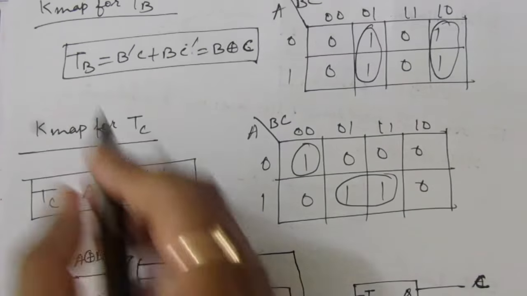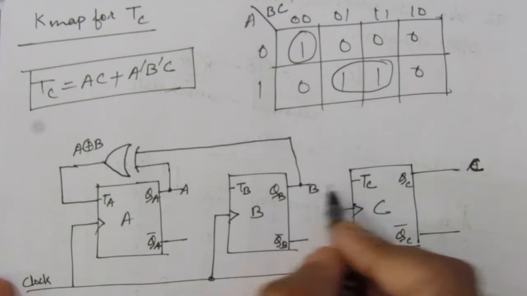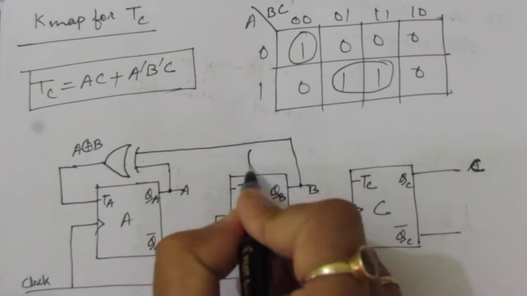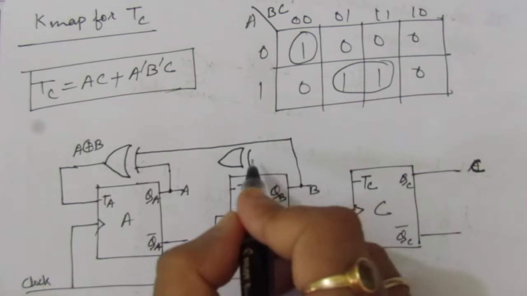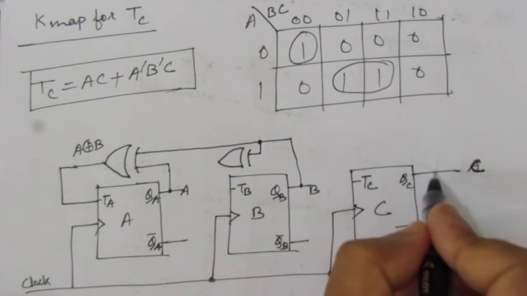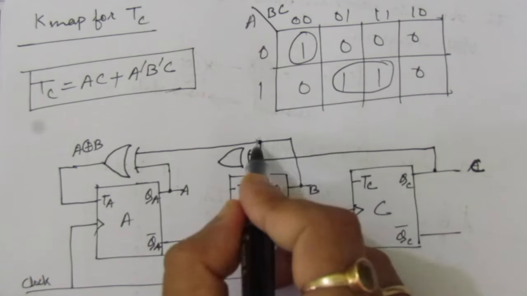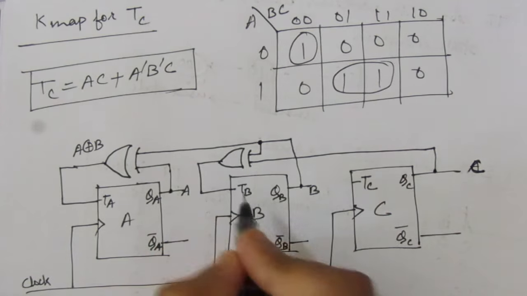Now we have TB expression. TB is B XOR C. This is B, this is C. So here we'll have one XOR gate again. So the inputs are B and C. So this one is B and take a connection from C. Okay, so B XOR C. So this output will be connected to this TB input.